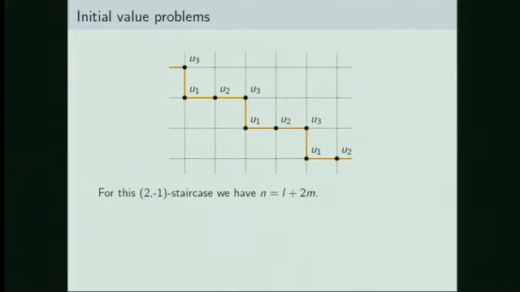I'll show that in the next picture. So this is an example where you have 2 minus 1 periodicity, and if you look at the values of this new variable n, then if n is 0 here, then n will be 1 here, n will be 2 there, and so on. And the periodicity is built into this definition of the new variable.